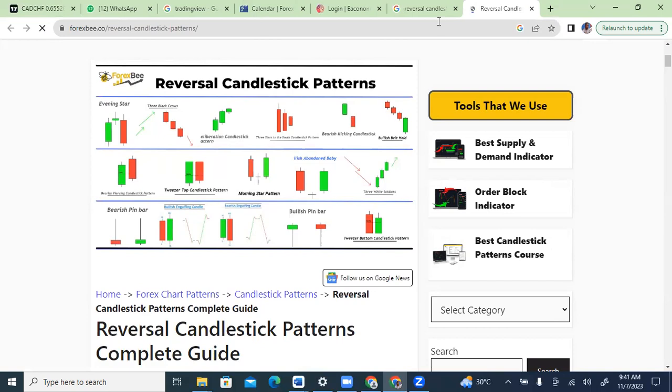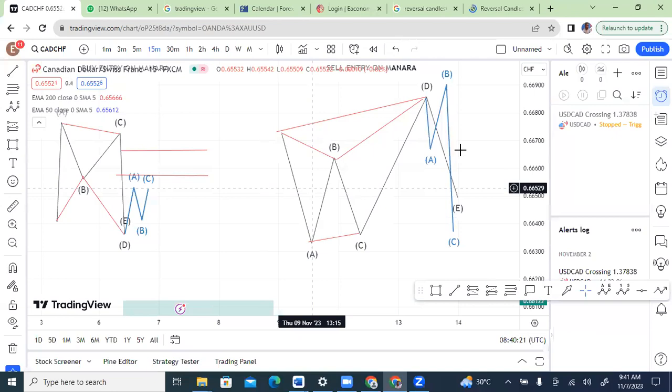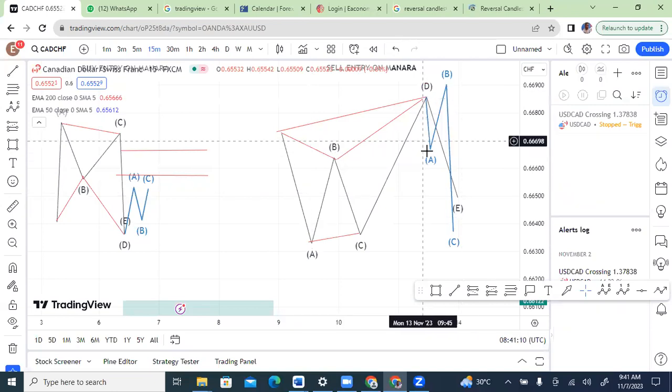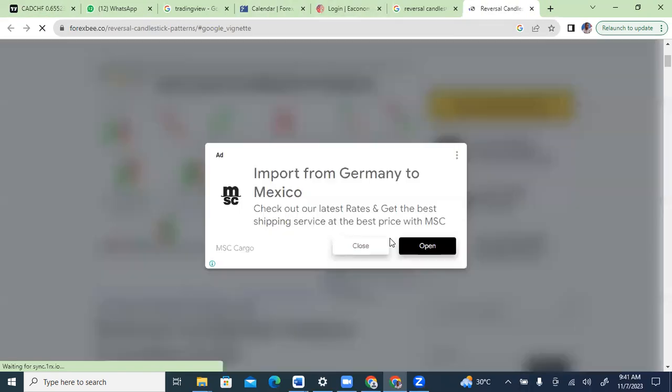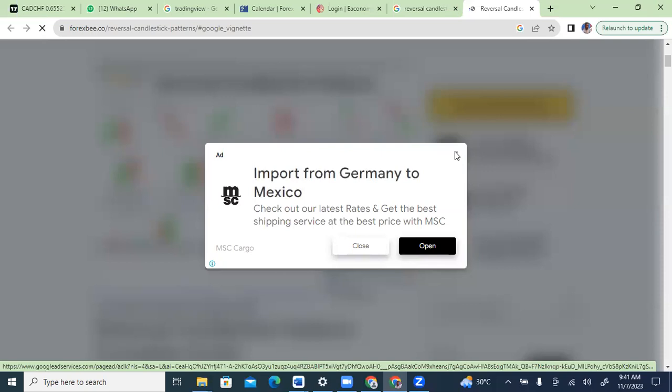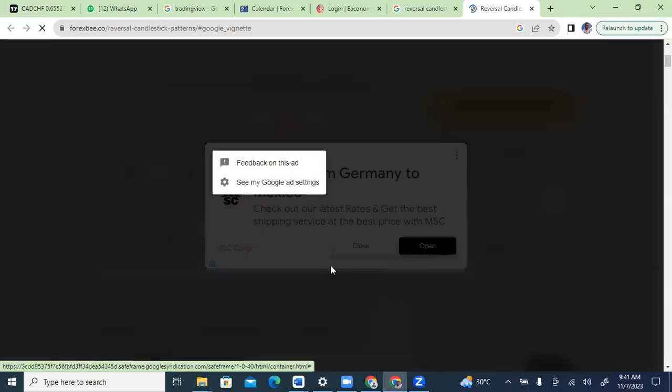So for example, look at this place now where Manara has given you the entry. When Manara gave you the entry, imagine here now, this is the first leg. I said you should always wait for a second leg. Now let's say this leg goes above. Now when it goes above, it forms this candle. So what's this now? Second leg.